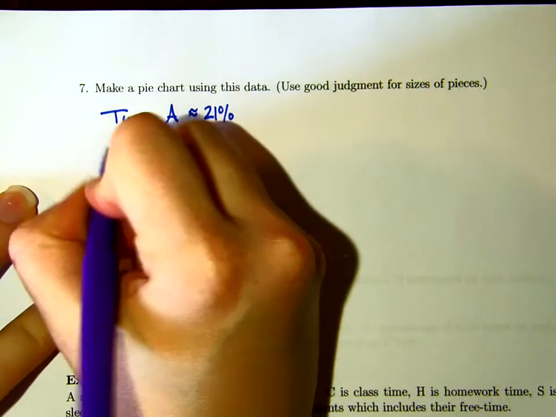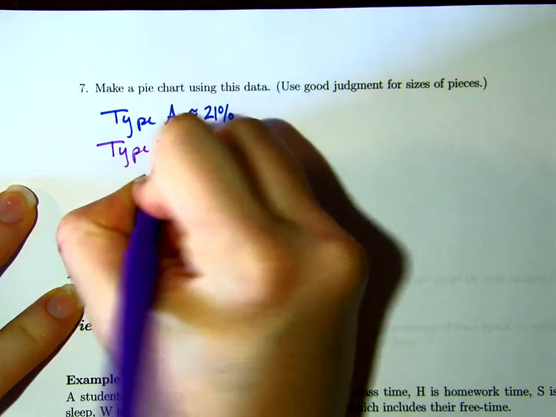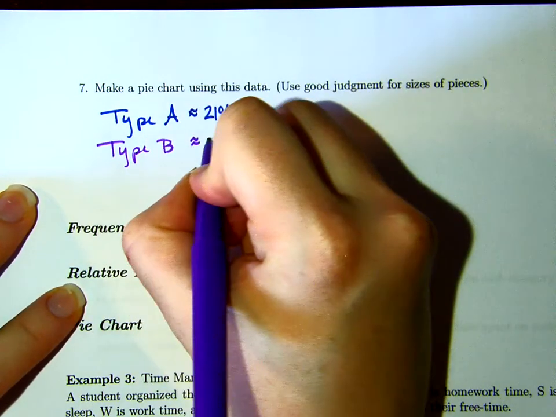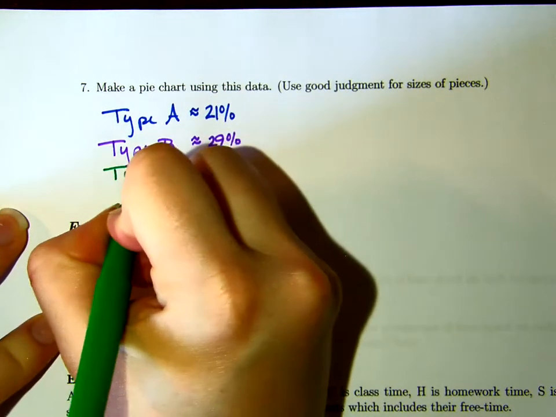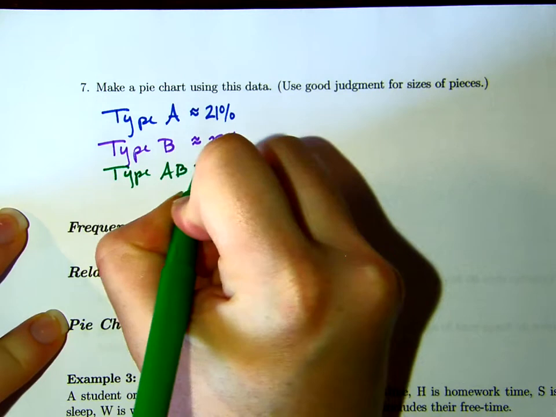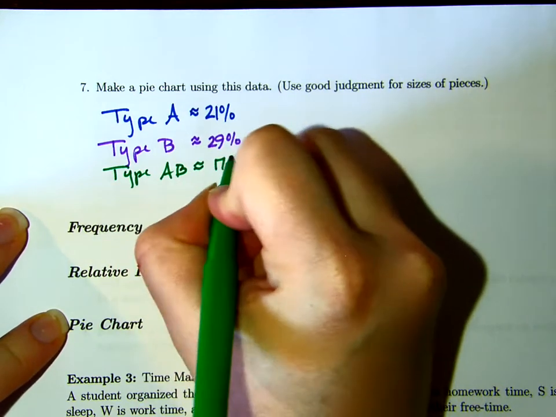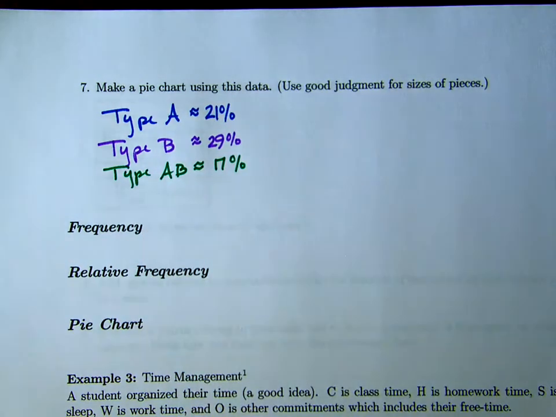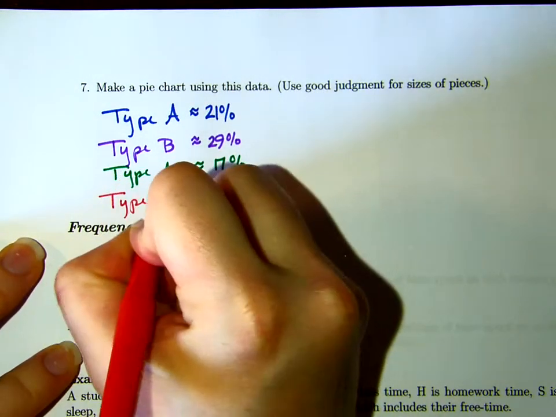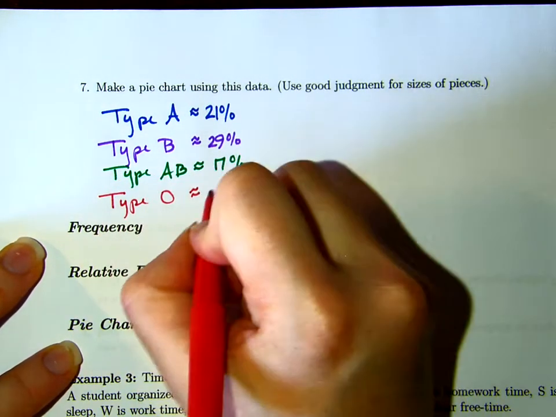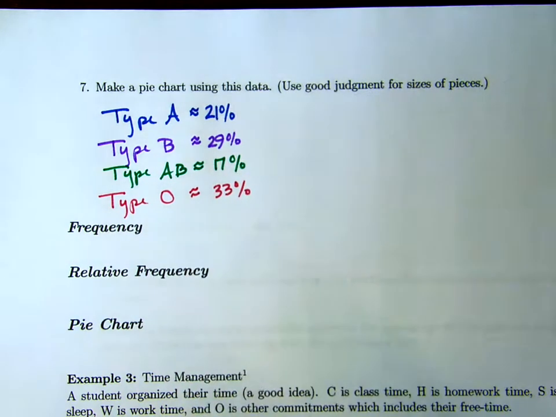Type B was approximately 29%. Type AB was about 17%. And type O was about 33%. Okay, here we go.